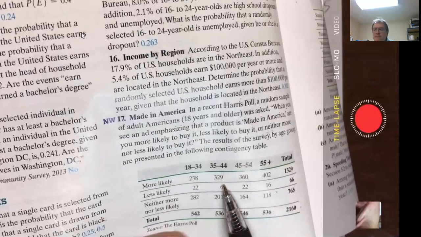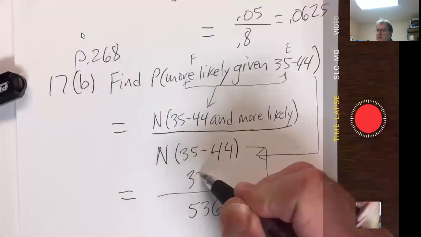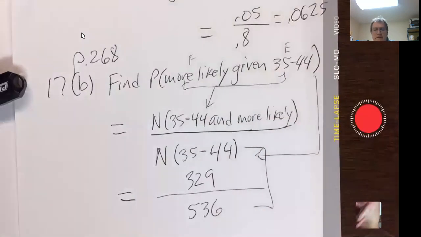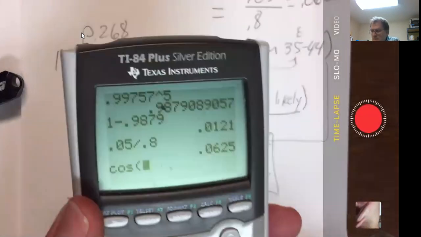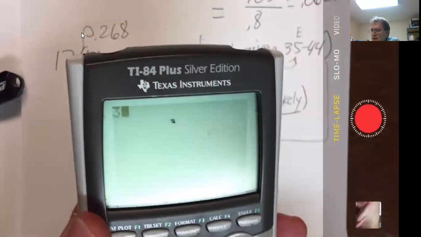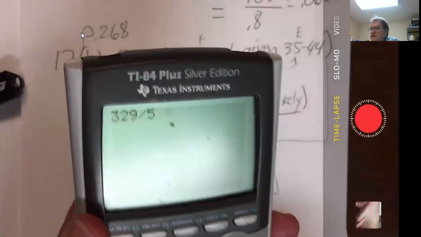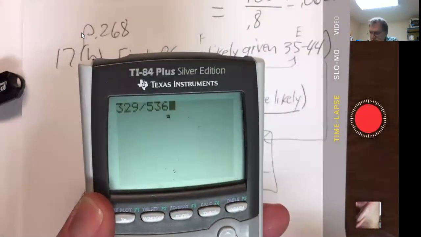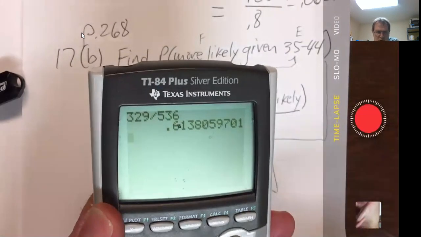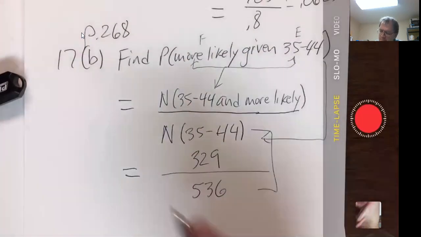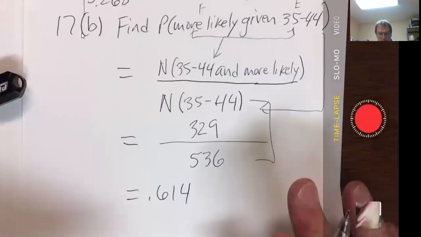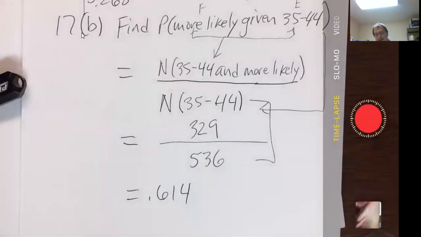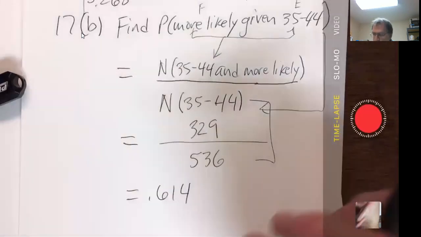That'd be 329. And notice it's less than 1. 329 divided by 536 is 0.614.